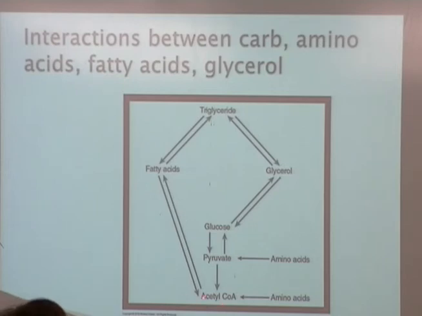Once I've got acetyl-CoA, my fatty acids can be broken down to acetyl-CoA, but acetyl-CoA can also be re-established as a fatty acid. The other thing I have to watch for is that amino acids can be broken down into pyruvate. And pyruvate can then be fed into the Krebs cycle, or it can be re-established as glucose and stored.